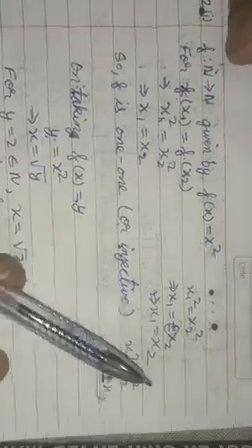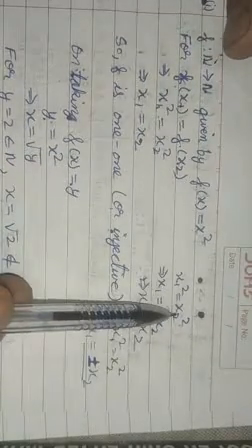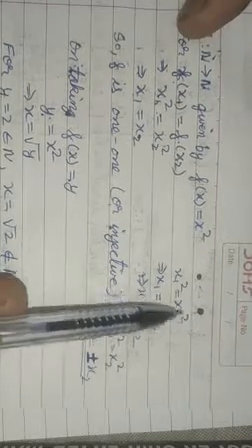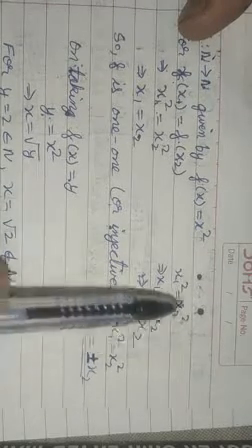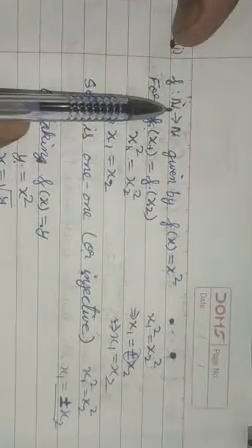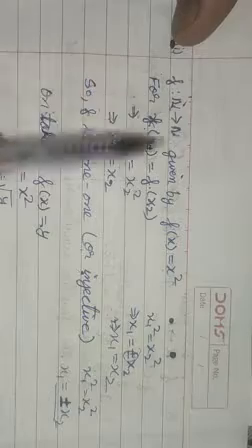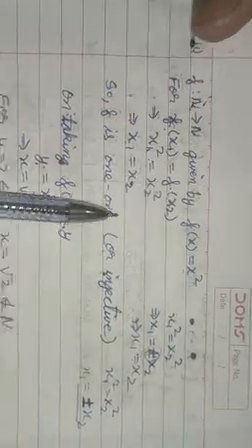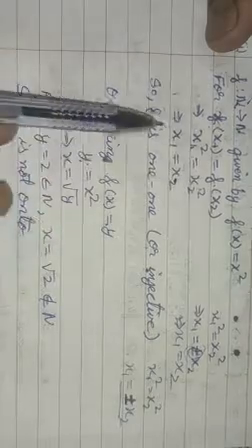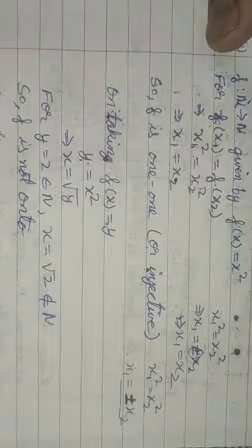You might say that x1 square equal to x2 square means x1 equal to plus or minus x2, because the square of a negative number is the same as the square of a positive number. But here we are taking x as natural. A natural number is not negative, so I haven't taken the negative of x1 or x2. In case of natural numbers, we get x1 equal to x2.